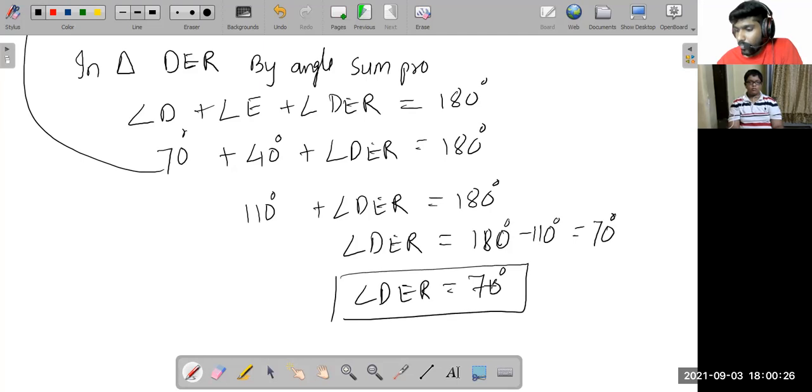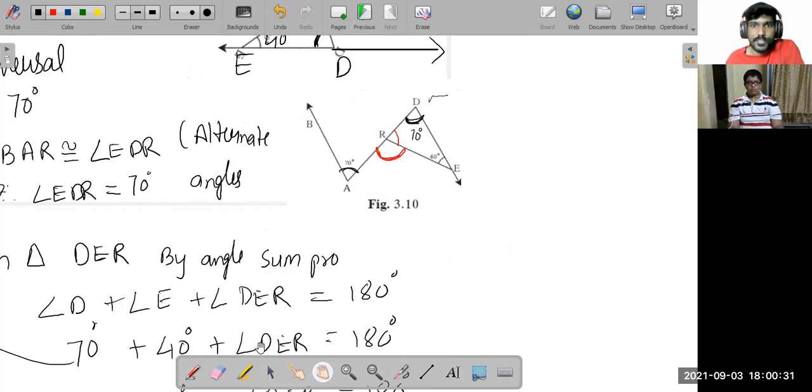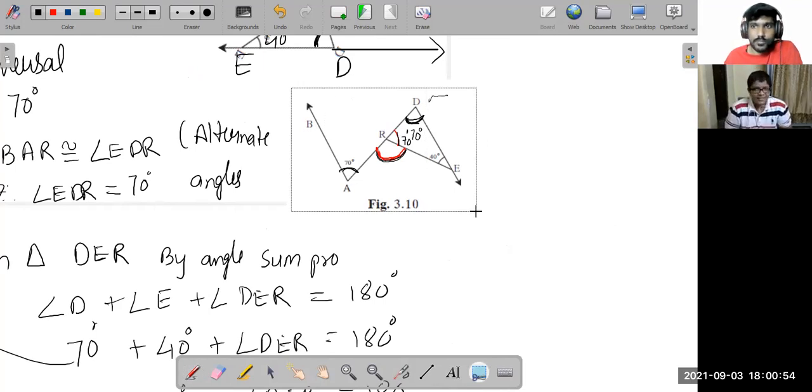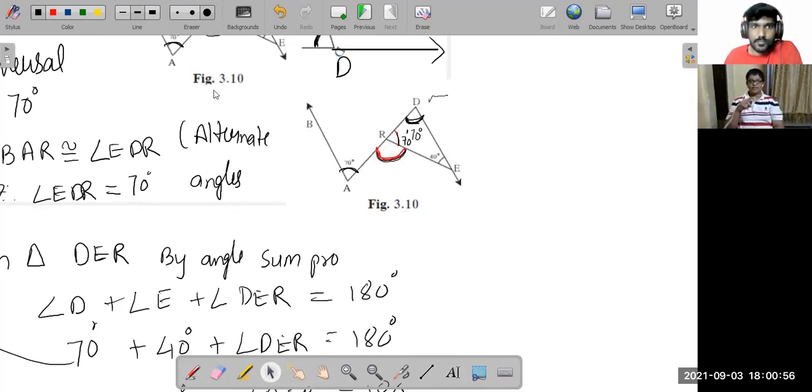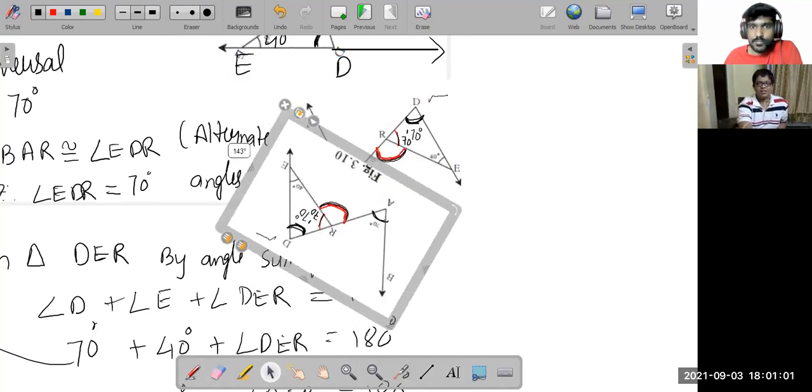Now, how to find out this angle? This we got, this is also 70. How about this one? So it will be 110 degrees.